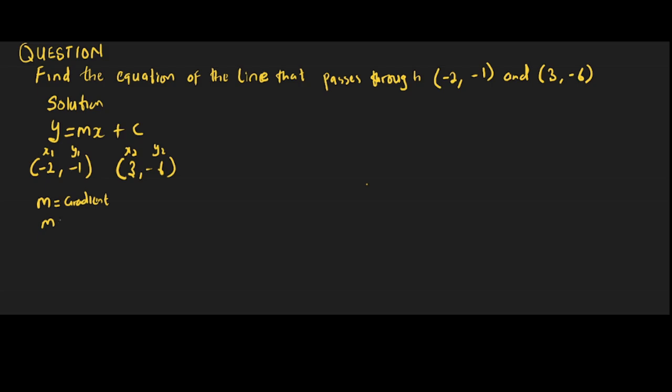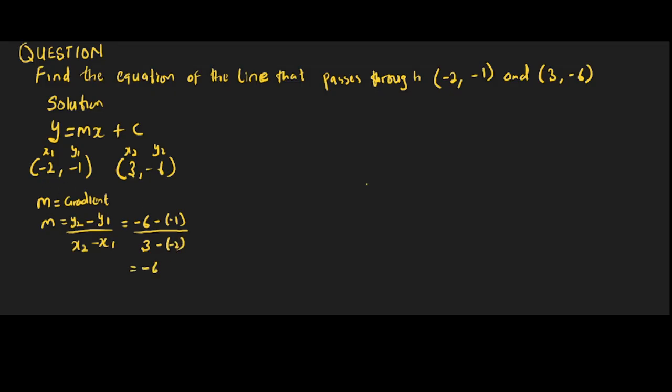That means our m is equal to y2 minus y1 all over x2 minus x1. So in that case, we are going to have -6 minus 1. Our y1 is -1, all over our x2 is 3 minus our x1 is -2.